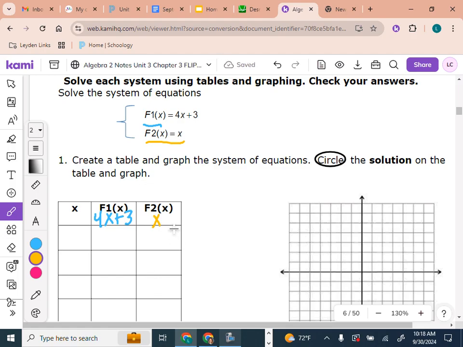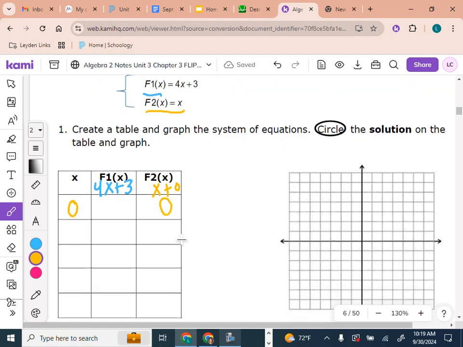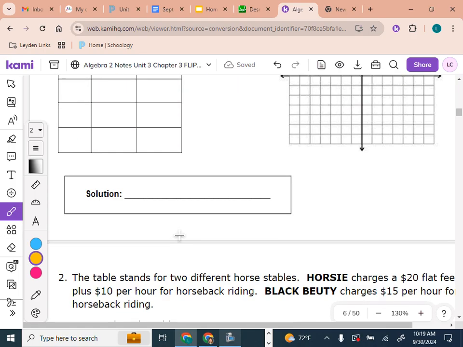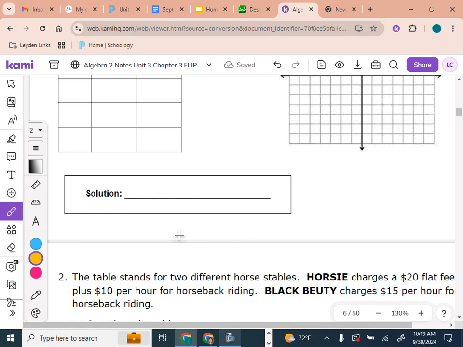Now, some of my kids in my last class were like, well, Miss Cullen, it won't let me do this. Well, you can write +0, but guess what? It's because if you're putting 0 here, this is 0 too, right? Because it's just saying x is x. Okay, so check your answer using the table. Tell me the solution on that one.